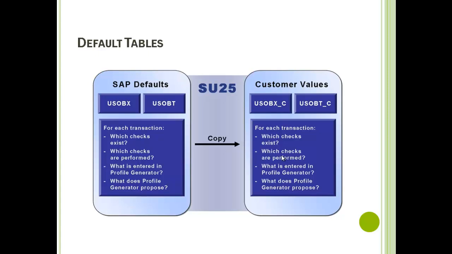Next we would like to talk about the default tables. How is SU24 data being stored? By default, whenever SAP delivers the software, it has two tables, USOBX and USOBT. These are SAP standard default tables, delivered by SAP, which have all the details related to authorization checks for each transaction code used in SAP.